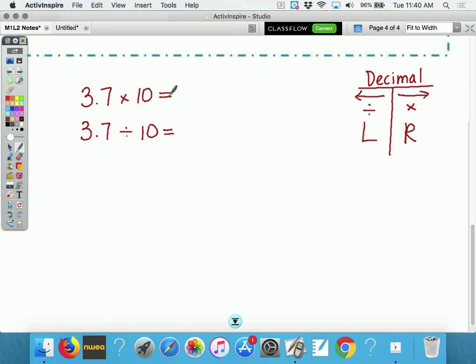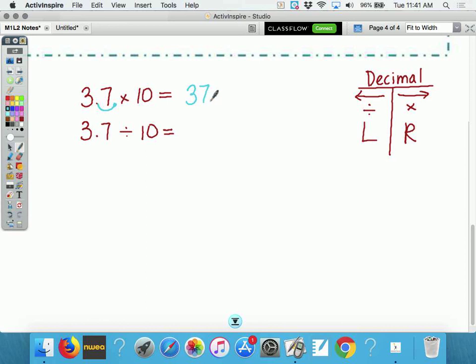Okay. So if I take 3.7 times 10, my decimal trick says move the decimal to the right when I multiply. Think about how many place values for 10 and go ahead and hop the decimal on your paper. You're going to check yours with mine. If I move it one place value to the right, my answer is 37 decimal. Do I need the decimal?